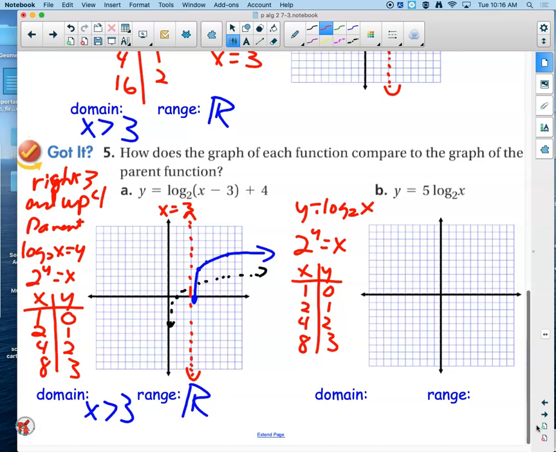I mean, isn't everything supposed to be backwards? To a point. When I asked what the 5 was going to do, you said it was a vertical stretch, right? So does a vertical stretch affect the x's or does it affect the y's? So we're going to multiply all those y's by 5. We'll just make a third little column here and multiply all of those y values by 5.